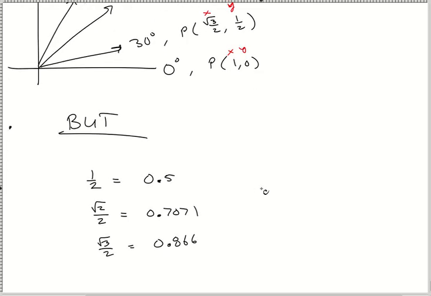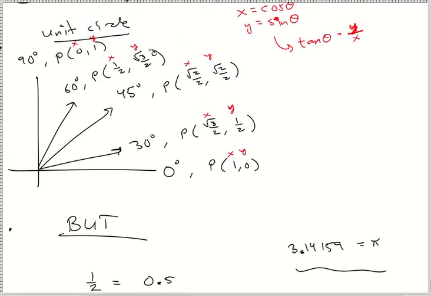When I see decimals like 0.5, 0.7071, 0.866, I know I've seen them before. It's kind of like if I saw 3.14159, it's pi, right? That kind of stuff. So these are my x's and y's for all this unit circle stuff.